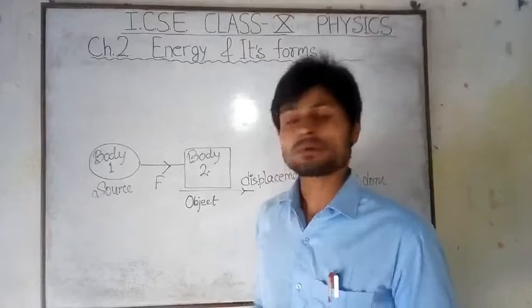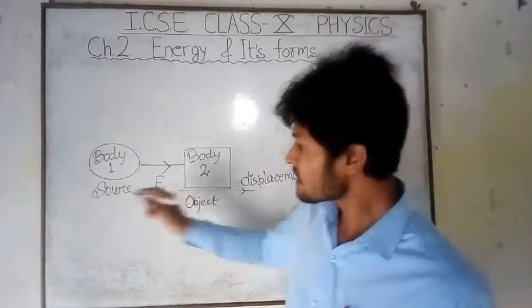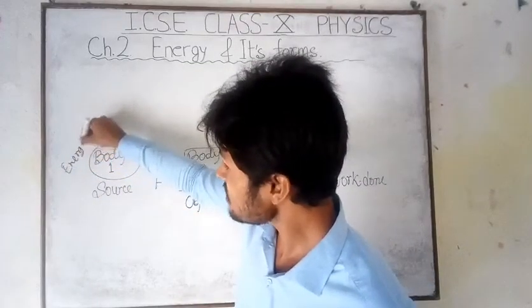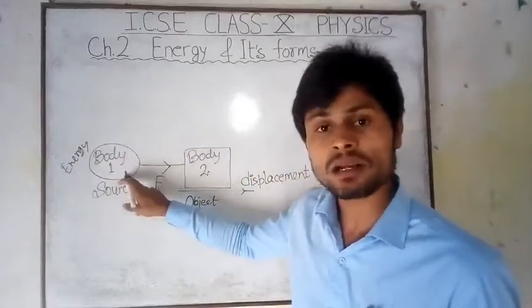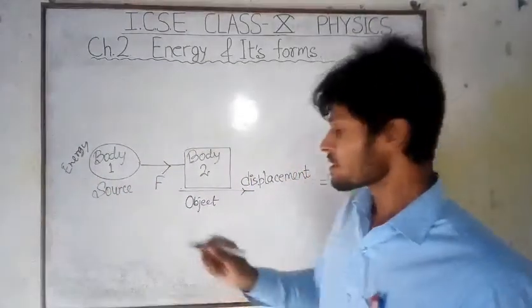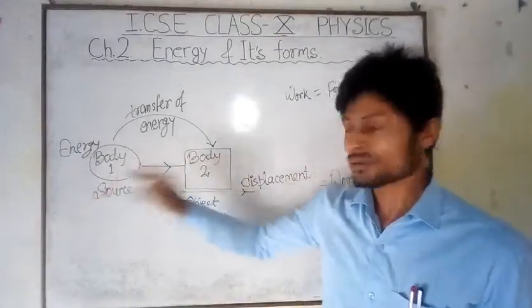This physical quality is called the energy. That means this source has some energy in it. Because of this energy, it is capable of applying a force F here. This is the energy that the source has.